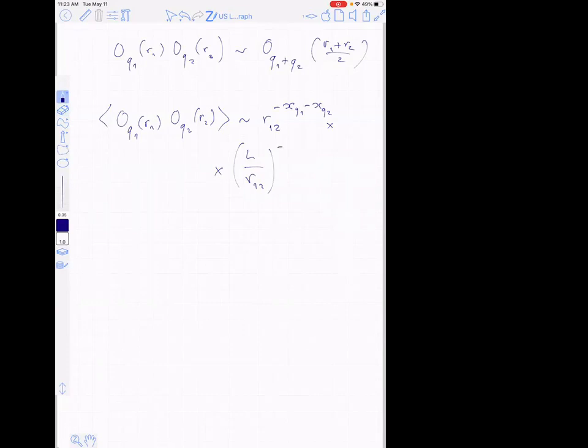But the scaling ultimately, when you go to large system size scale, is the scaling with the combined dimension, the dimension of the combined operator. So if you want, it's a product of this type, Q1 plus Q2 minus XQ1 minus XQ2. And then L turns out to be to the power minus X of Q1 plus Q2.